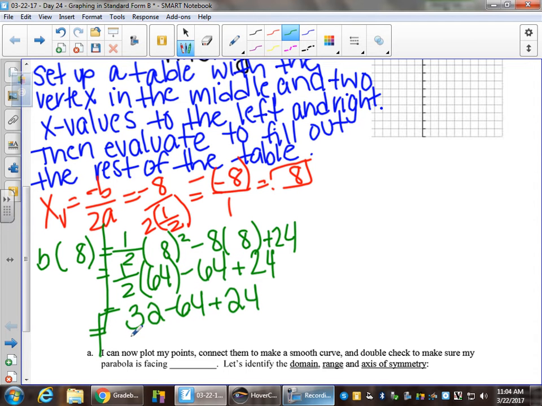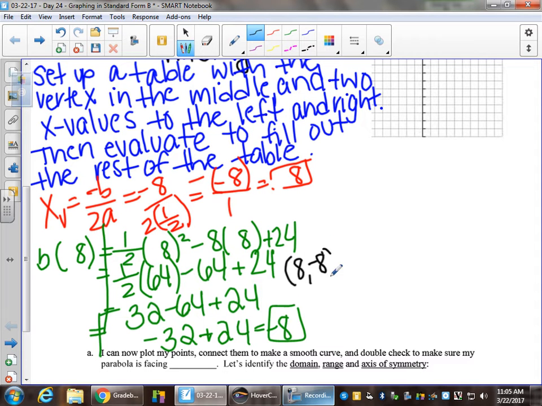What is 32 minus 64? Take out your calculator if you have one. -32 plus 24 is? Yep, you're right. -8. So what is my vertex? 8, -8.